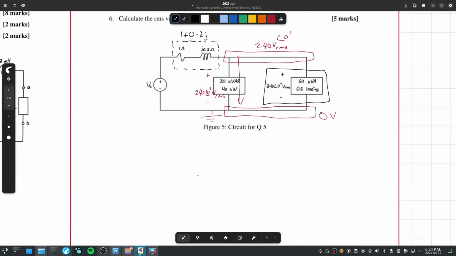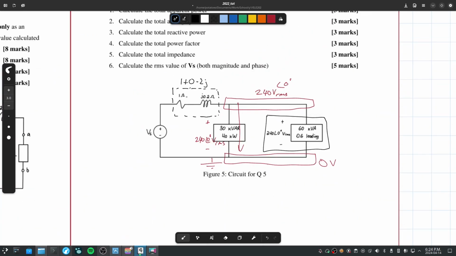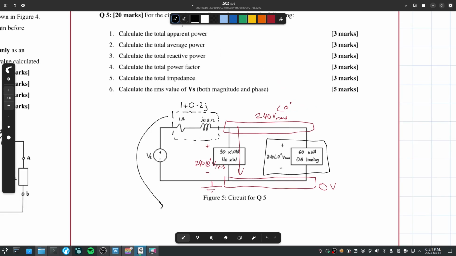So, where was I? Right, here. We need to find the power output of this. We write the apparent power. When you need to find apparent, average, and reactive power, focus on apparent power, because apparent power contains the other two.